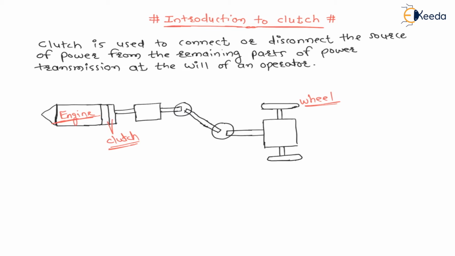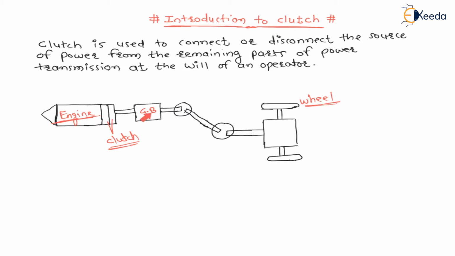Now from the clutch the power goes to the gearbox. Here it is a gearbox where speed reduction or speed increase is done. It may be a velocity increasing gearbox or a velocity decreasing gearbox, or maybe a simple power transmitting gearbox without changing the speed or velocity.